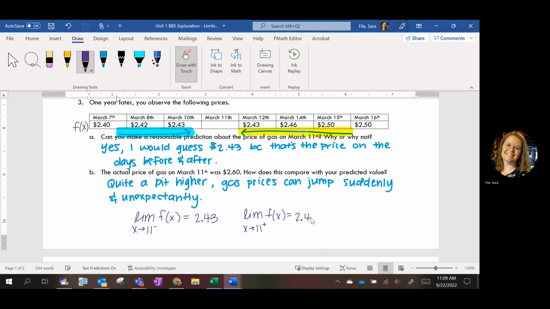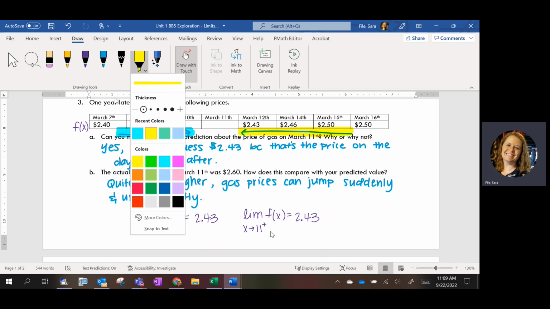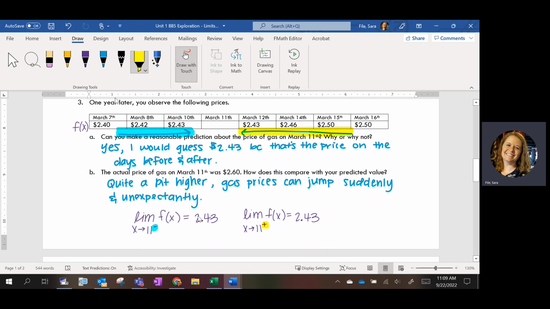So in this example, the limit from the left and the limit from the right are equal. That means the limit does exist. Do y'all see that? That's why in this one we said yes, we are confident we could make a reasonable prediction, because the limit exists. The limit from the left and the right are equal. We're confident in making a prediction.